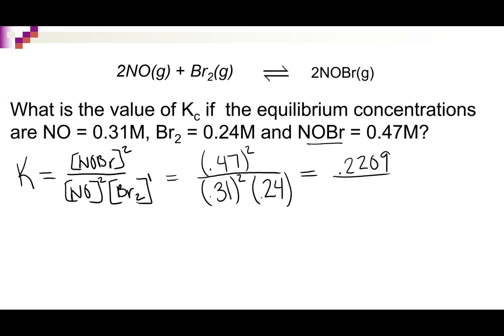I have room, that's why I kept all the decimals this time. And the bottom is 0.31 squared times 0.24, and this is 0.0231. Then we divide those: 0.2209 divided by 0.0231. And the K is 9.6. Okay.